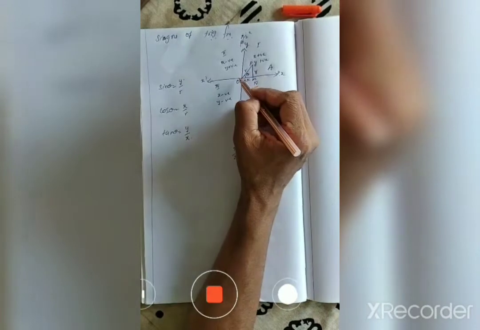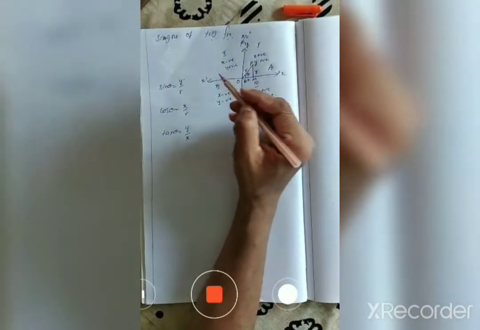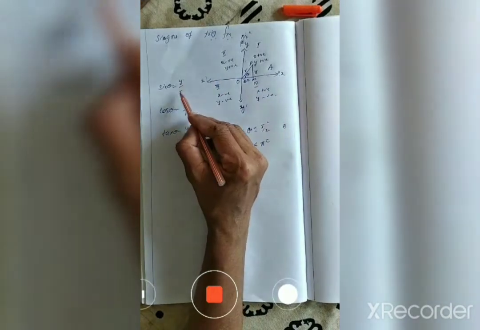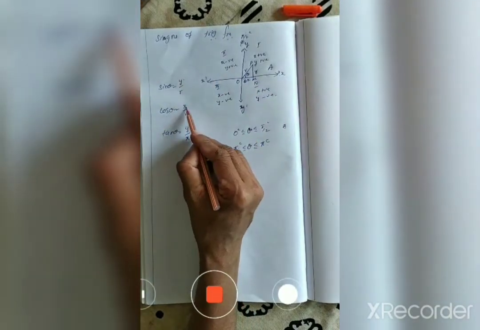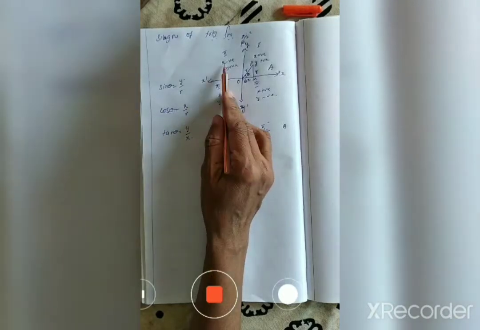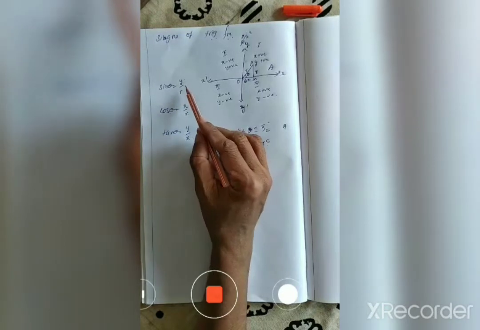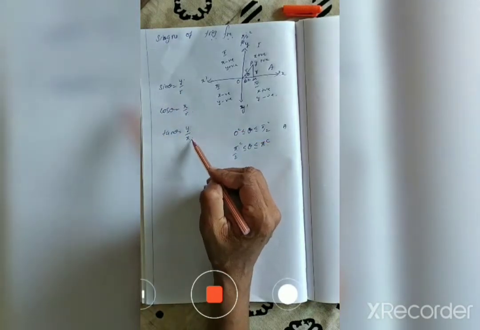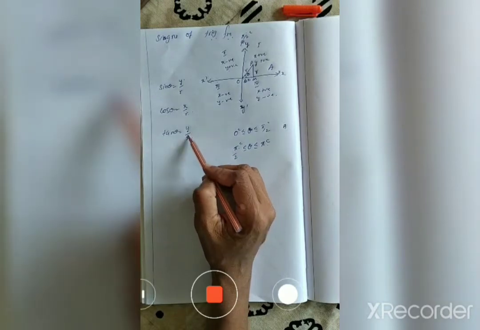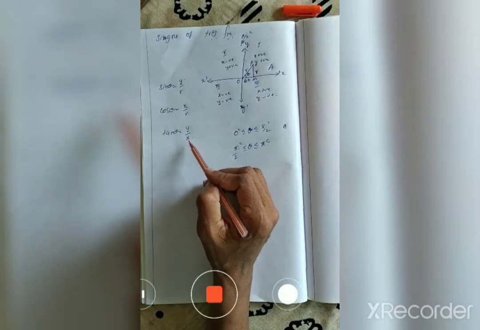Here x coordinate is negative, y positive. So sine function is positive. Cosine function becomes negative because of x negative, so x by r is negative. And what about tan? Tan is y by x, x negative. So tan is also negative because of this x negative.